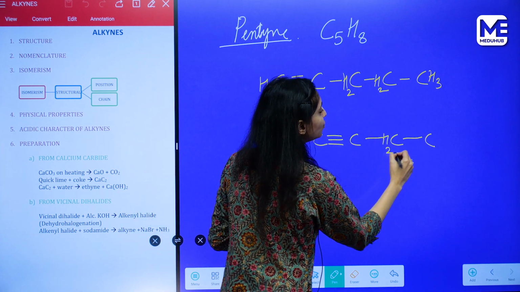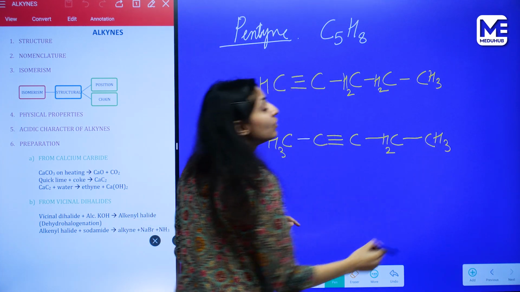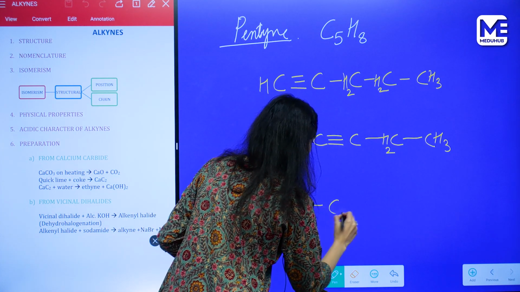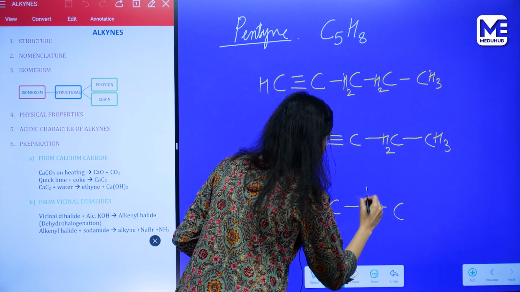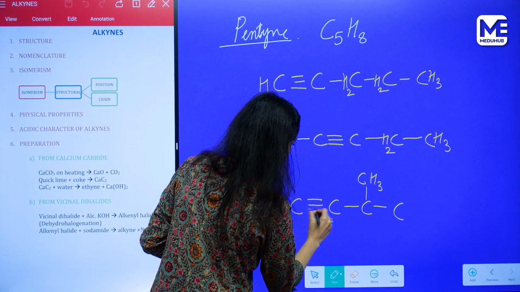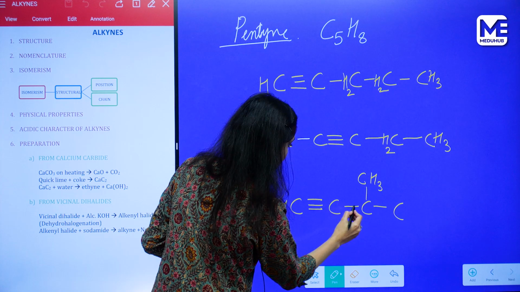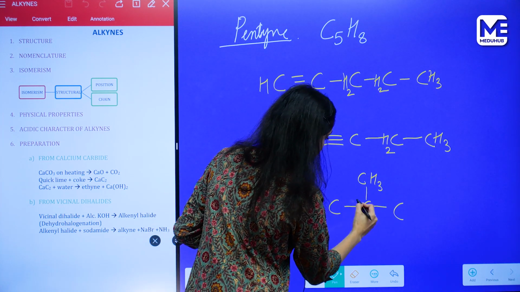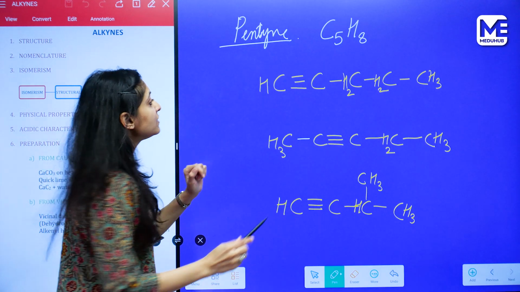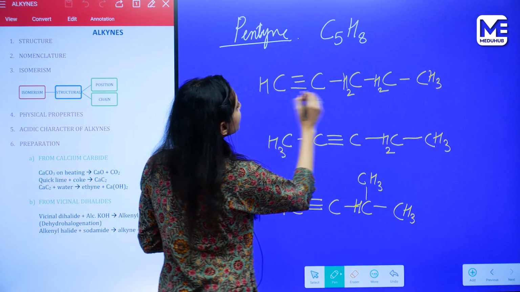CH3-C≡C-CH2-CH3. Or there can be branching. 1, 2, 3, 4, with CH3 here, and the triple bond is here: CH≡C-CH(CH3)-CH3. How will you name these according to the IUPAC nomenclature?